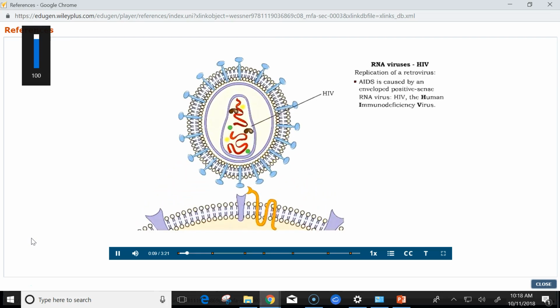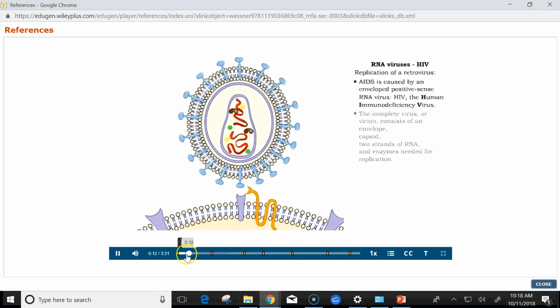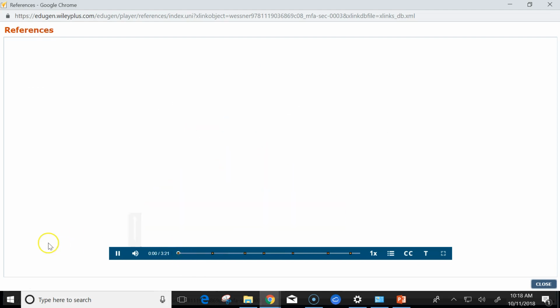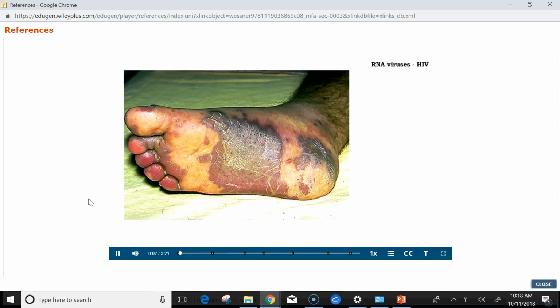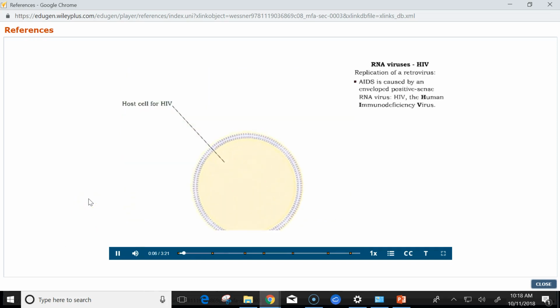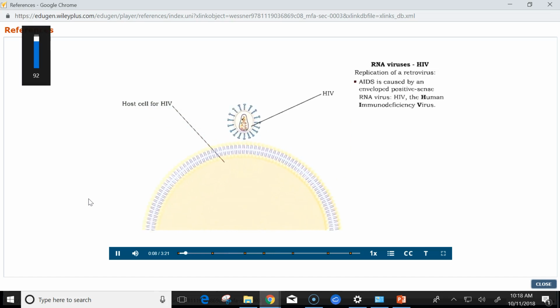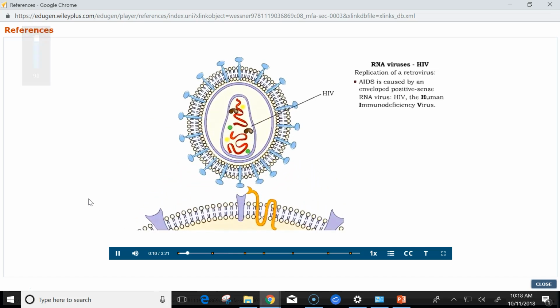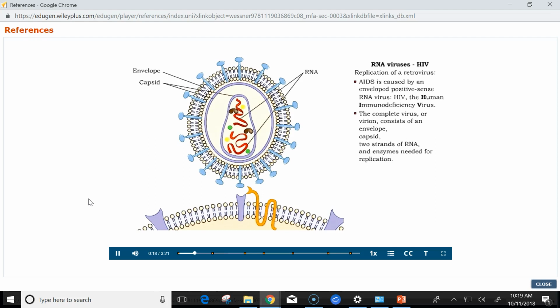But HIV is even smaller. The complete virus. Sorry about the that. complete virus. AIDS is caused by HIV. HIV's host cell is microscopic. But HIV is even smaller. The complete virus, or virion, consists of an envelope, capsid, 2 strands of RNA, and enzymes needed for replication.